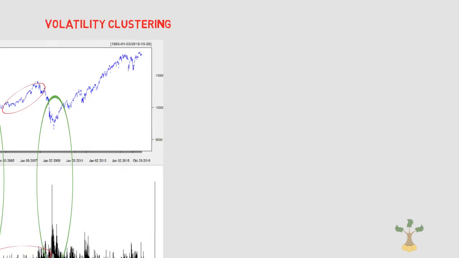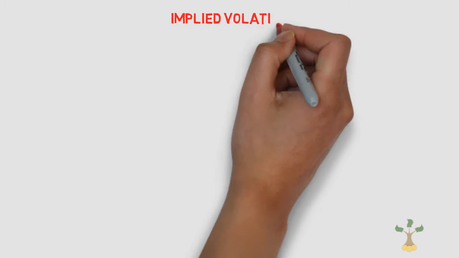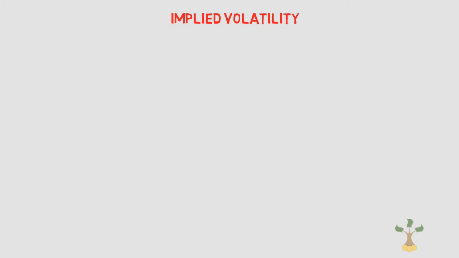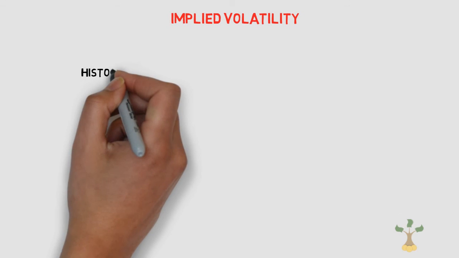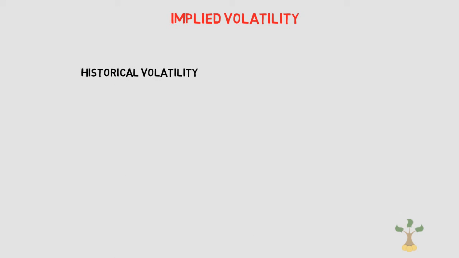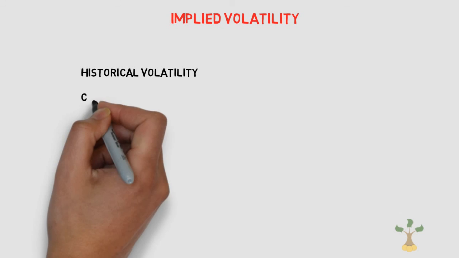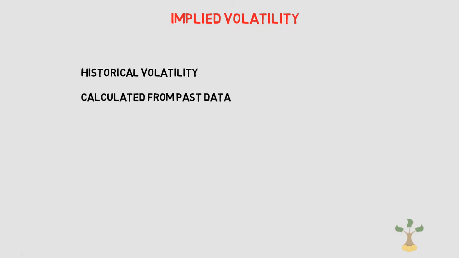Finally, let's talk about implied volatility. In some cases, especially when talking about options, one comes across the term implied volatility. As in this video, most of the time when talking about volatility, one is actually referring to the historical volatility. It is called historical because it is calculated from past data. The term implied volatility is related to options and their pricing via the famous Black-Scholes formula.